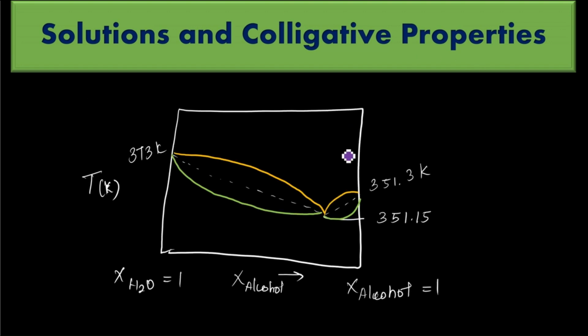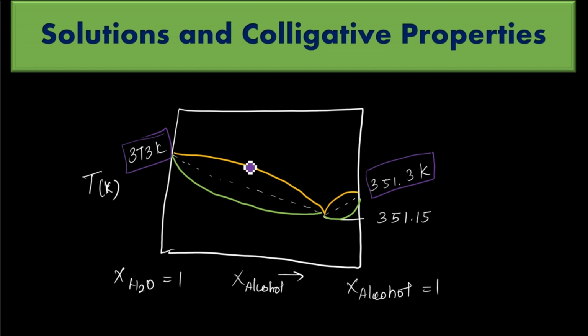This is shown in graphs. Here I took the graph between temperature and mole fraction of alcohol increasing. Here you can see the boiling point of water, that is 373 Kelvin, and the boiling point of ethanol, that is 351.3 Kelvin. What we said for a minimum boiling azeotrope is that it boils at a temperature which is not either of these, right? It is lower than that.